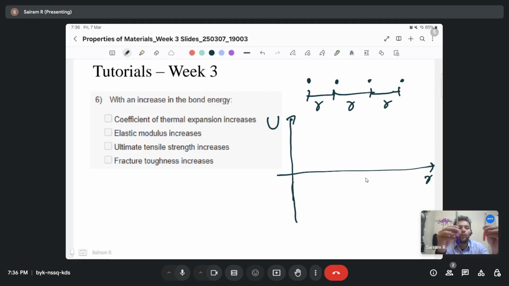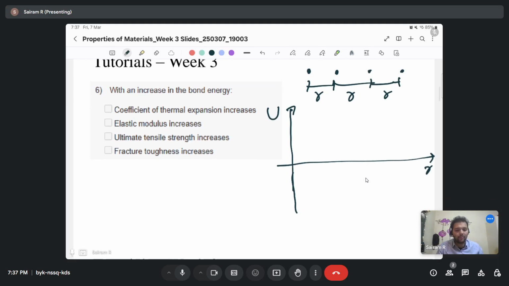So when we try to bring these two together beyond a certain limit, there's going to be a very high repulsion force between the two nuclei, which is heavier, and the electron clouds of these two, because the electron clouds are going to constantly repel, and after a certain distance, even the nuclei will start repelling each other as well. So at a certain point, the potential energy is going to be very, very high, that it is going to repel each other.